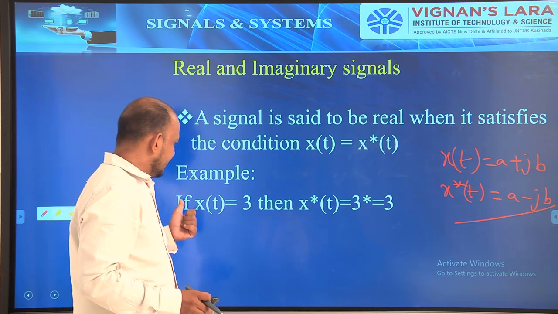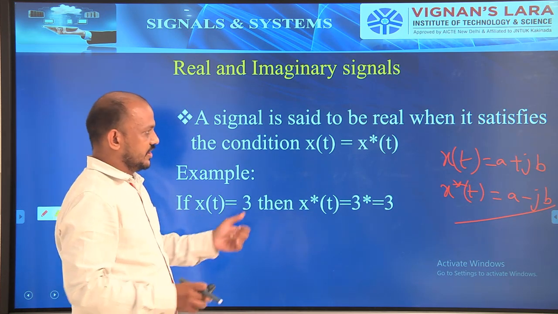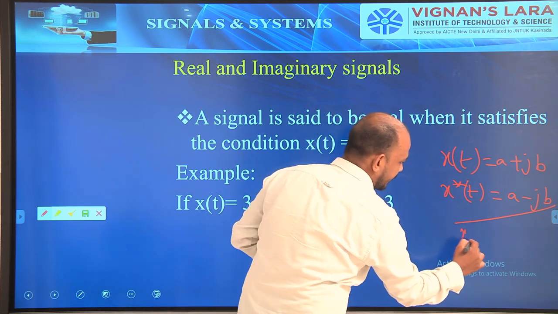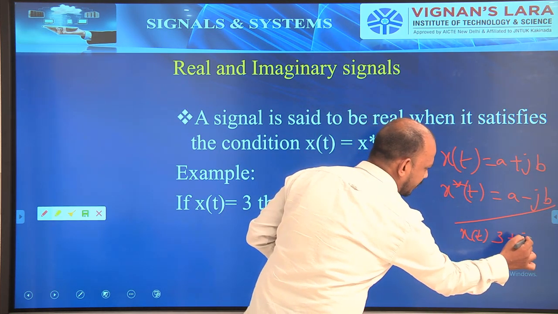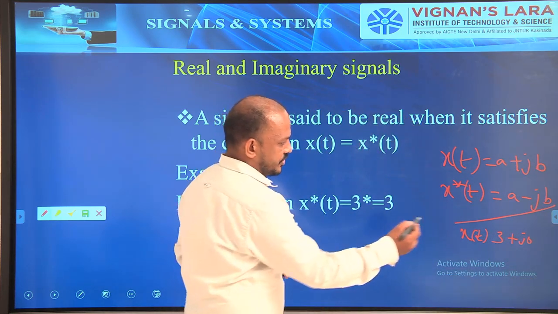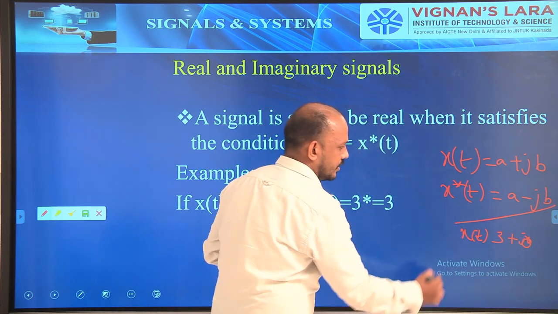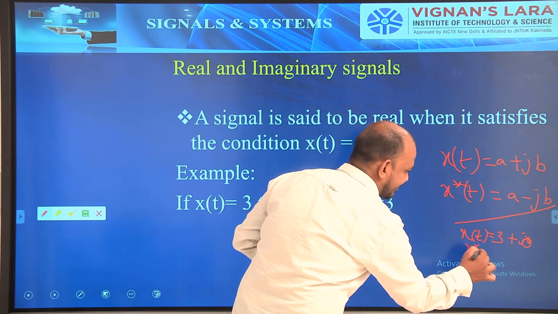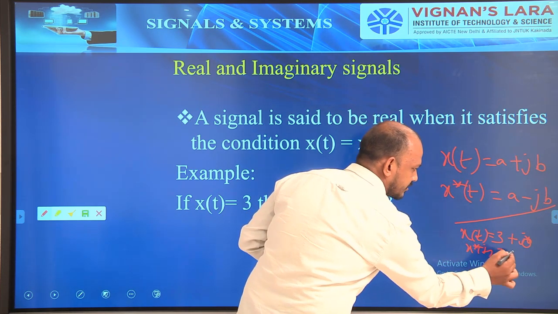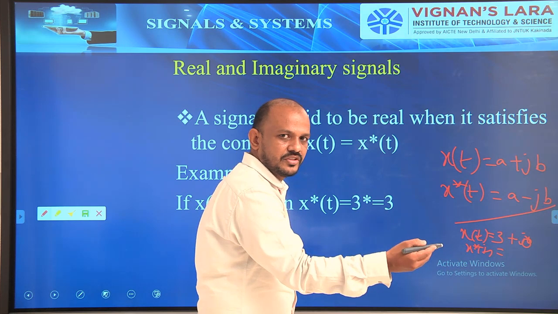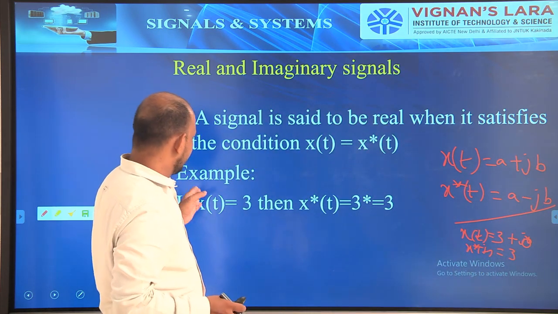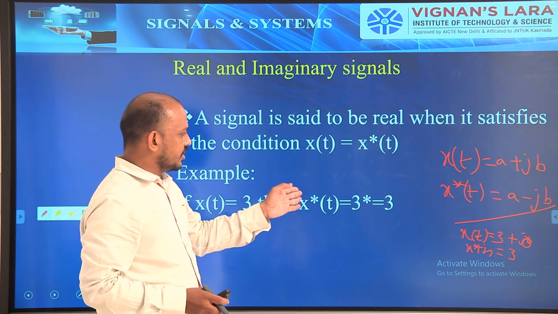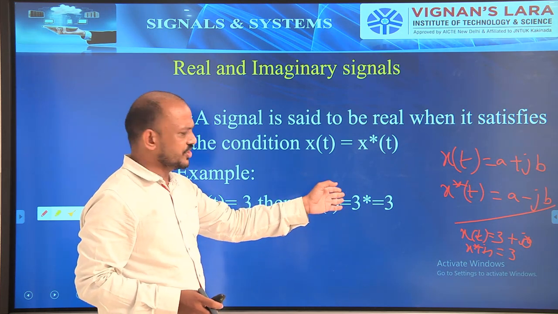Now, if x of t equal to 3, so this x of t value is 3. That is 3 plus j0. J into 0 is 0. Now, what is x star of t? X star of t is 3 minus j into 0. J into 0, that is also 3. So the conjugate, if x of t is 3, then x star of t is also 3.